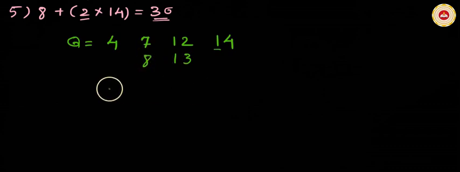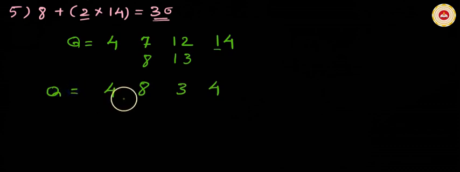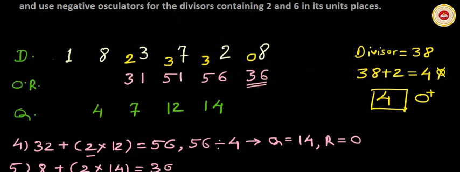So write the quotient 4, 8, 3 and 4. Correct? 4,834. The quotient is 4,834, and this is the remainder.